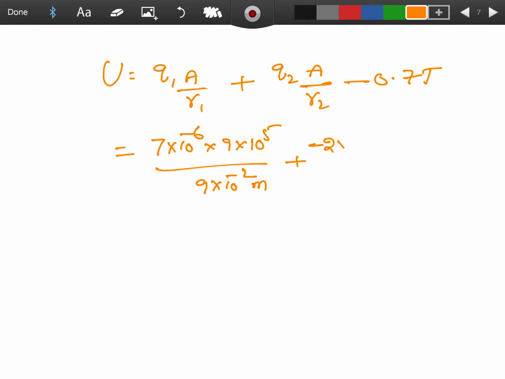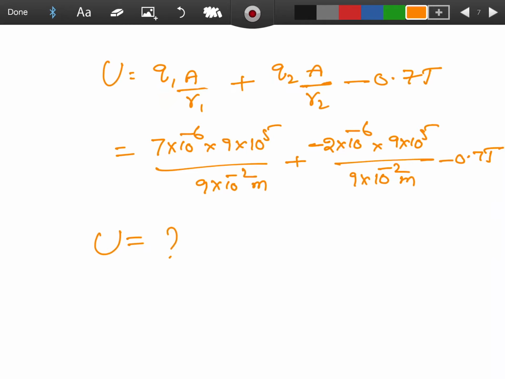Q2 is minus 2 into 10 power minus 6, A is 9 into 10 power 5. This is also 9 centimeter from the origin. If you simplify this one, you will get the answer. This is your textbook example question. I think your answer is 43.9 or 49.3 something. You just check it after simplification.